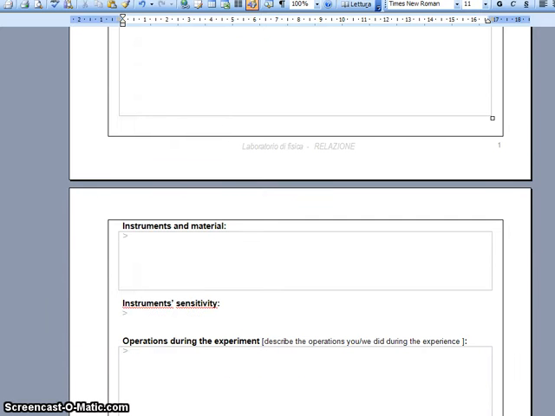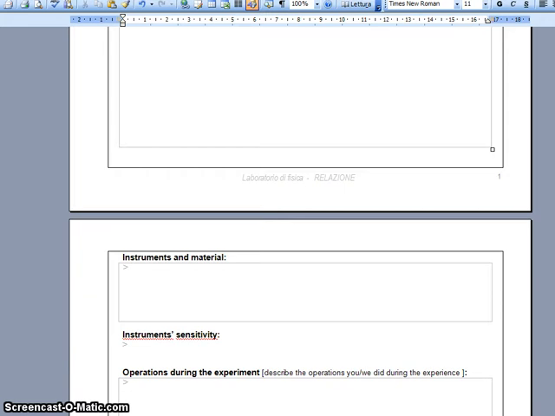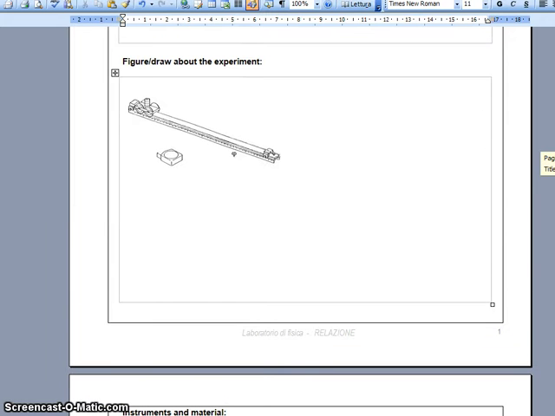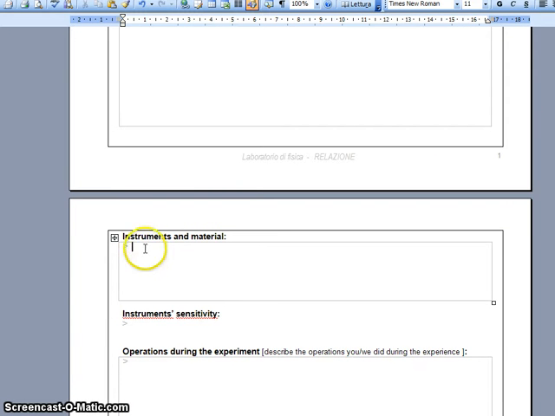Also we used a chronometer to measure the time between the initial position and the final position when the object arrives. Okay, so you have to speak about these instruments and materials.